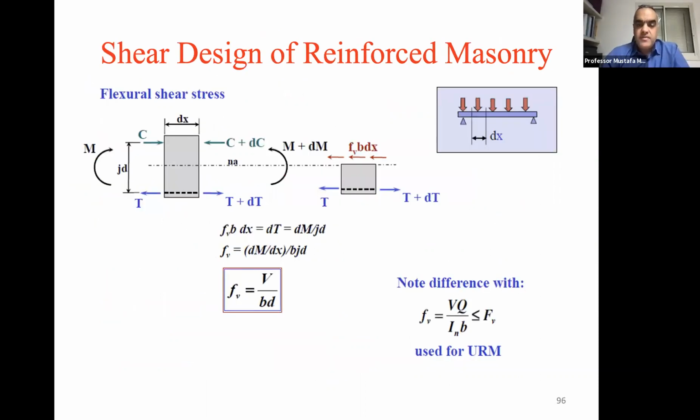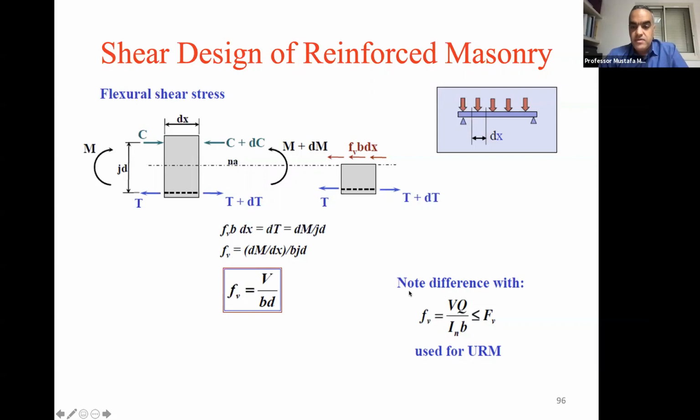Shear design of reinforced masonry. We did talk about shear design before in unreinforced. So here we have rebars. You can see we have a moment, we have a T for the rebar, we have compression, and then we have the calculated shear stress, V divided by b d.